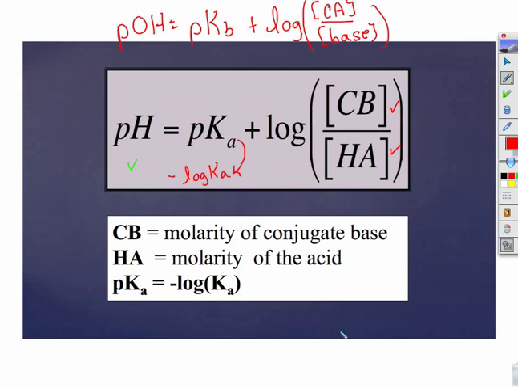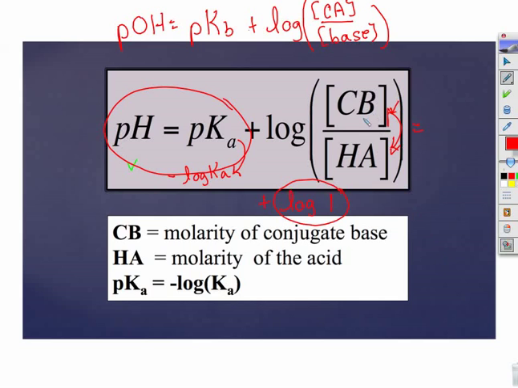Let me do the one thing though, since we have just a second on this video. If you take a look at this, if you are at the equivalence point, by definition, those are the same. So what you would have is plus the log of 1. So the log of 1, hopefully you know that, is 0. So that's another way of proving that your pH is equal to your pKa.